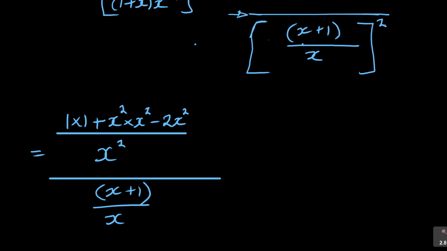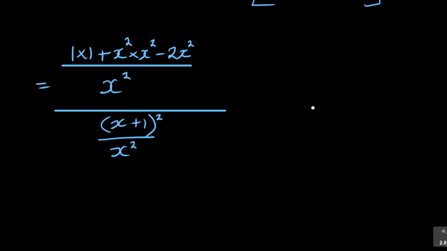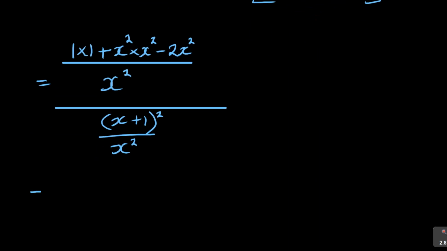Now since there is a square affecting both, you can actually put the square like this. It will be better so that this square is distributed in there. You know why I'm doing that? Because I want to simplify things. Equal to, I'm going to convert this division line as a division sign.